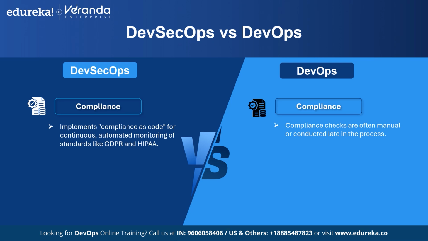In a summary of these comparisons, DevSecOps extends DevOps by embedding security in every aspect of SDLC, ensuring proactive risk management, compliance, and security automation. But DevOps focuses on collaboration, speed, and efficiency between development and operations teams. In essence, DevSecOps is DevOps with security integrated from start to finish.